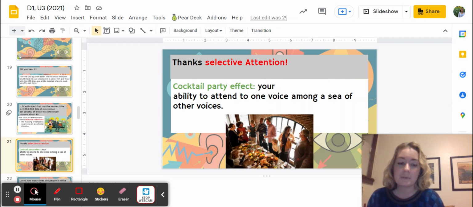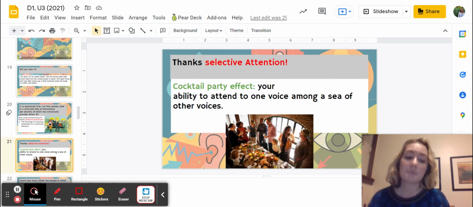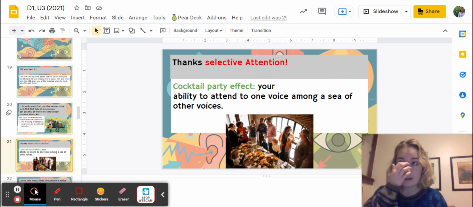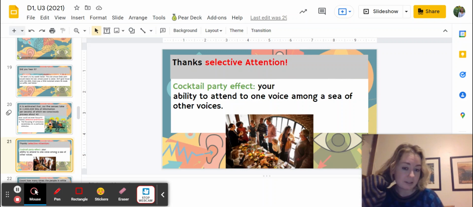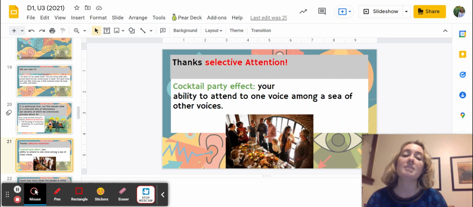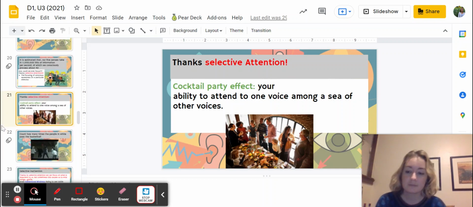They call it the cocktail party effect because if you're at a cocktail hour at a wedding or something, there's tons of people talking, it's really loud and noisy, but you're able to focus in on what one person in your conversation is saying and tune out all the other stuff. So the cocktail party effect is a form of selective attention where you can focus on one voice in conversation among a sea of other voices and noise.